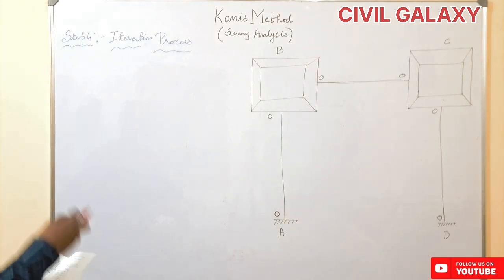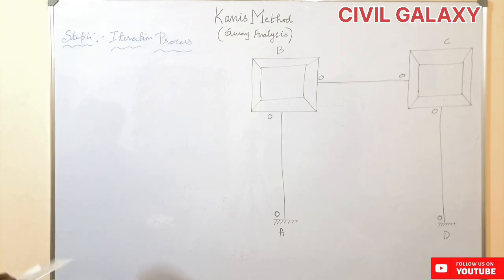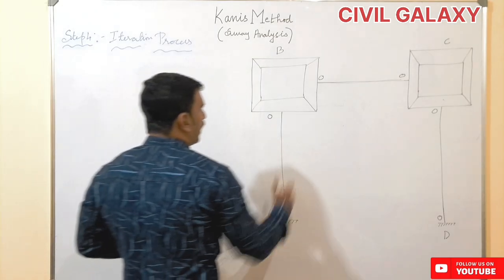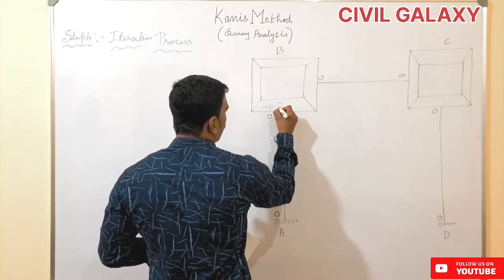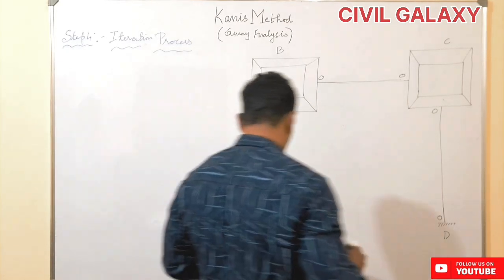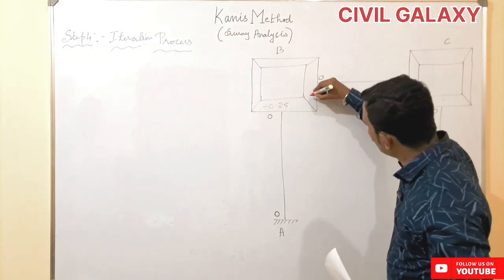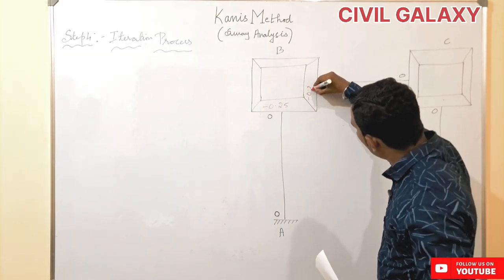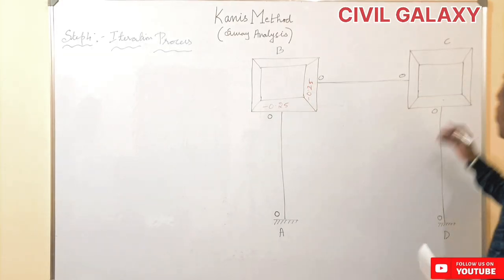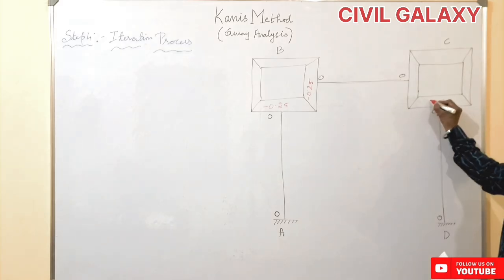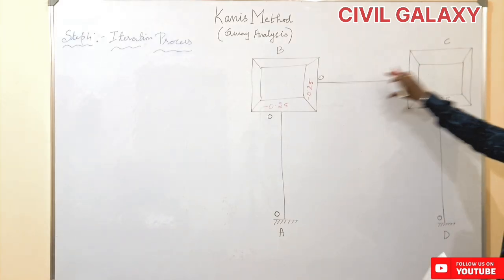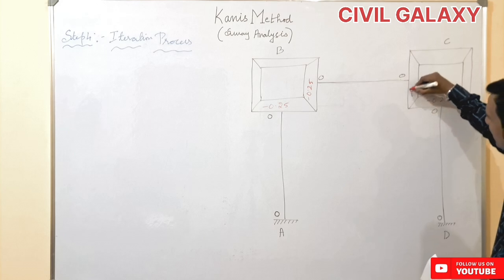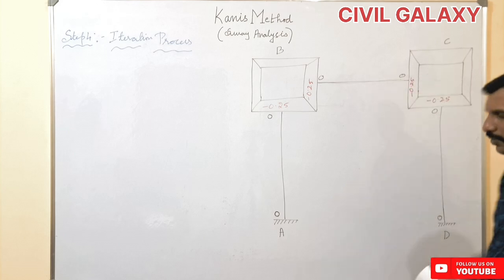rotation contributions whatever we have got in the first step. So the rotation contributions from B to A and from B to C, we had got a value of minus 0.25. Here also we had got a value of minus 0.25, and from C to D we had a value of minus 0.25, and from C to B we had a value of minus 0.25.